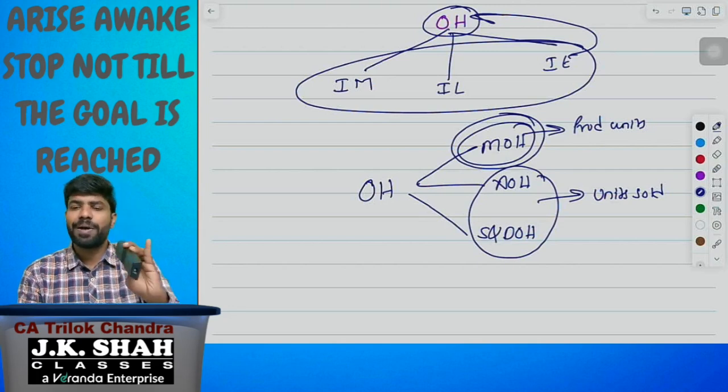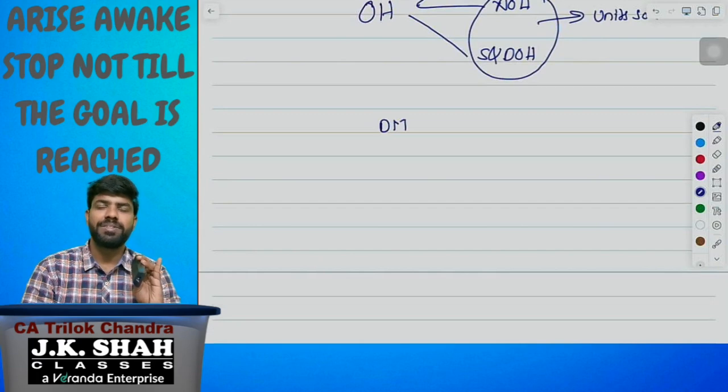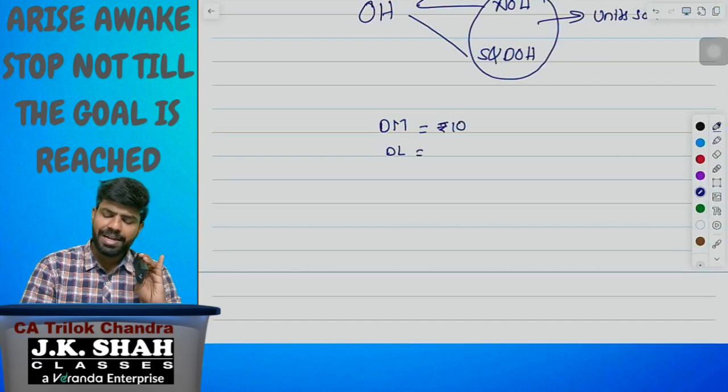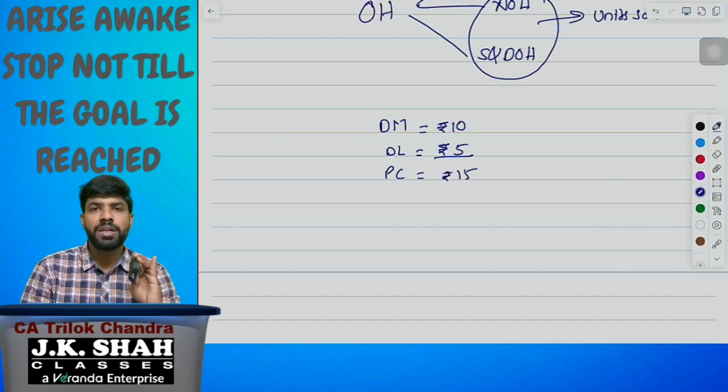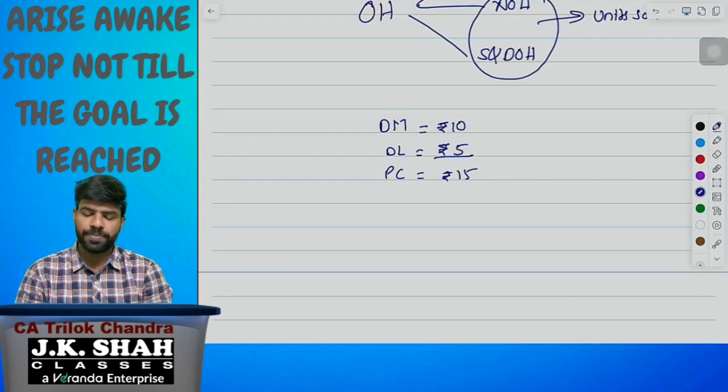When we want to fix the price, first we need to take direct material. Just an example: direct material of this remote is 10 rupees. Direct labor, 5 rupees. Prime cost comes to 15 rupees. Now we need to add manufacturing overheads.